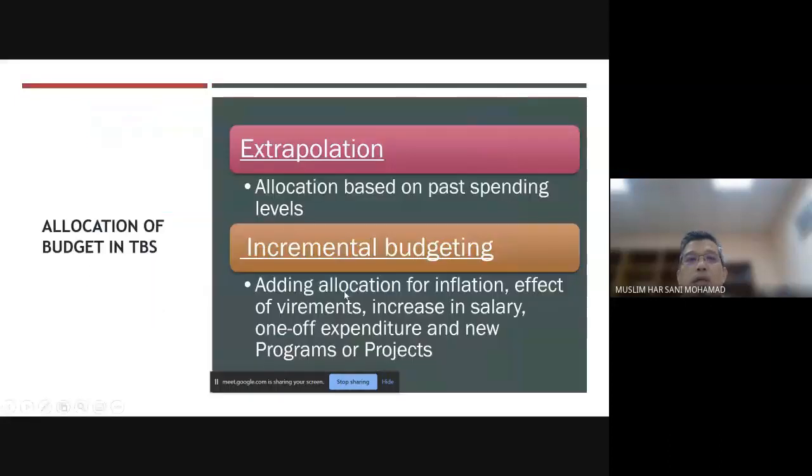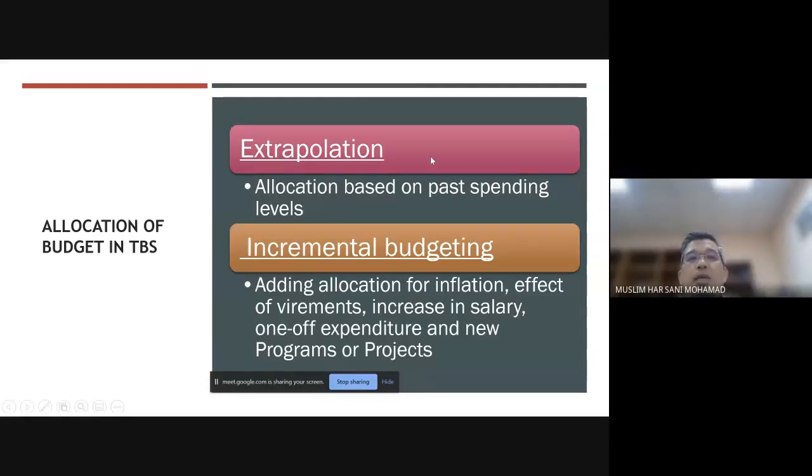So how does this become a budget technique? The allocation of budget in traditional budgeting is based on extrapolation, based on past year spending level, and then incremental budgeting, adding allocation for inflation, effect of environments, increase in salary, one-off expenditure, and new programs or projects.